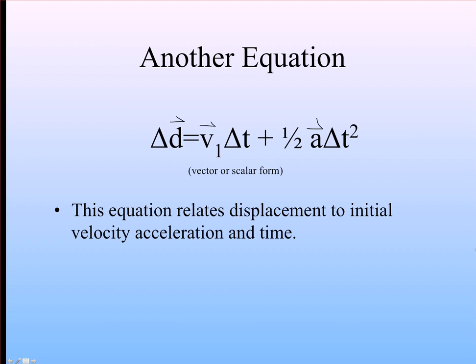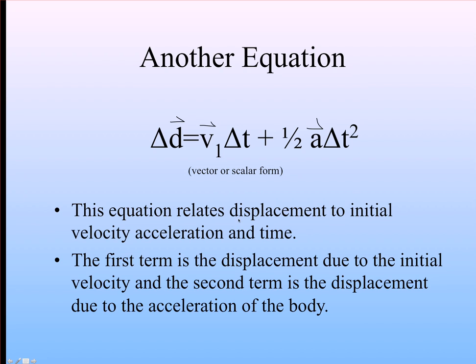This first term tells us how far you would have traveled had you just been going at a constant speed the whole time. The second term gives us an additional displacement associated with the fact that we had sped up. We didn't travel at this initial velocity the whole time.